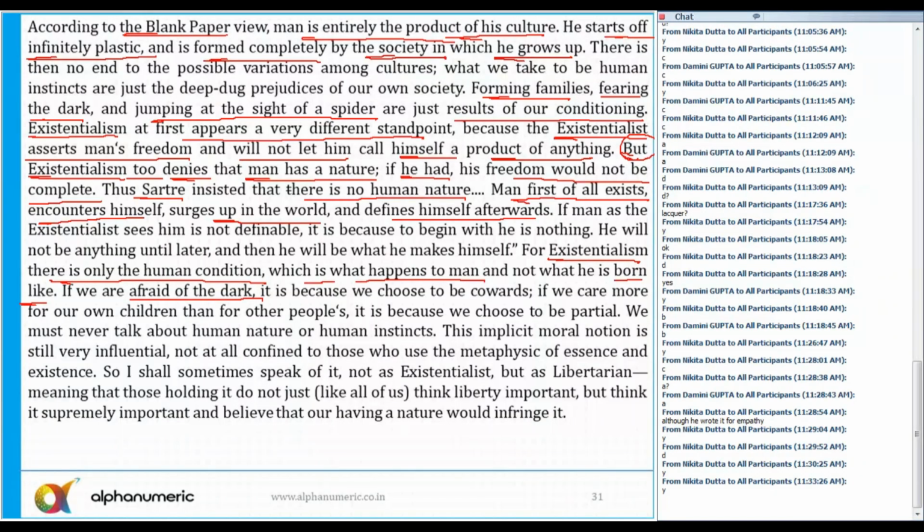If you are afraid of the dark, it is because you choose to be a coward. If you care more for your own children than other people's, it is because you choose to be partial. It is not an instinct. So we must never talk about human nature or human instincts. There is no human nature, no human instincts. This is what the blank paper view says, and this is what the existentialist view also says.